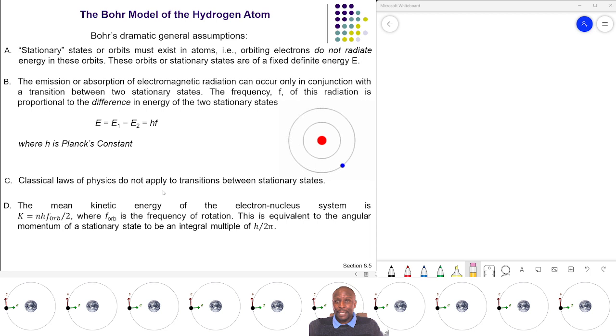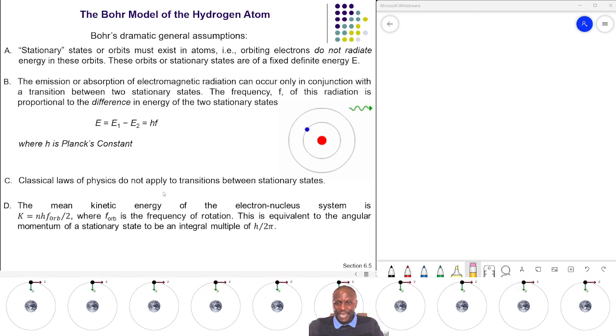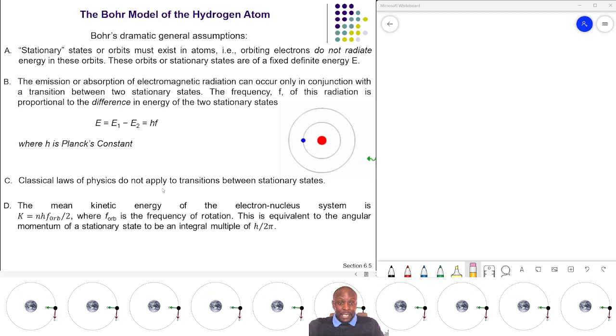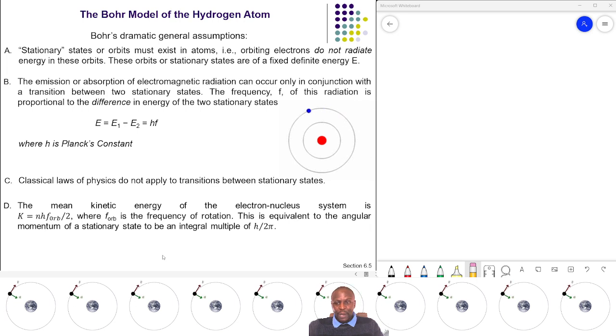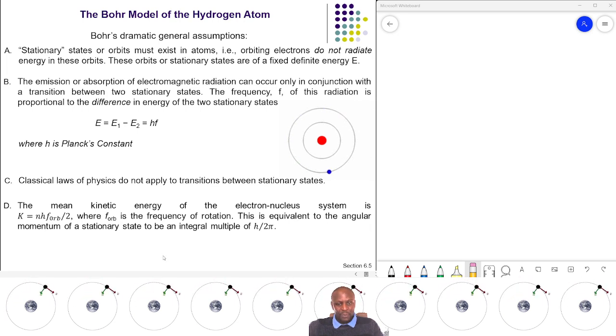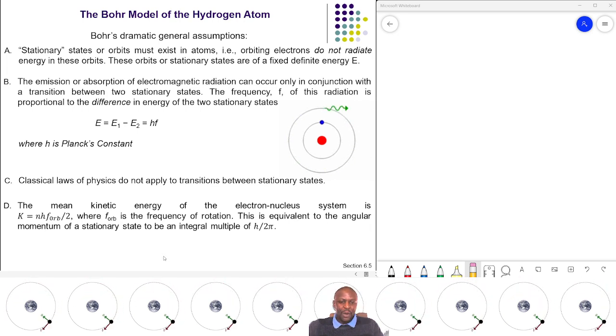Now, the last Bohr assumption is the fact that the mean kinetic energy of the electron-nuclear system is given by this equation, where f orbit is the frequency of the rotation. This is equivalent to the angular momentum of a stationary state being an integral multiple of h bar.